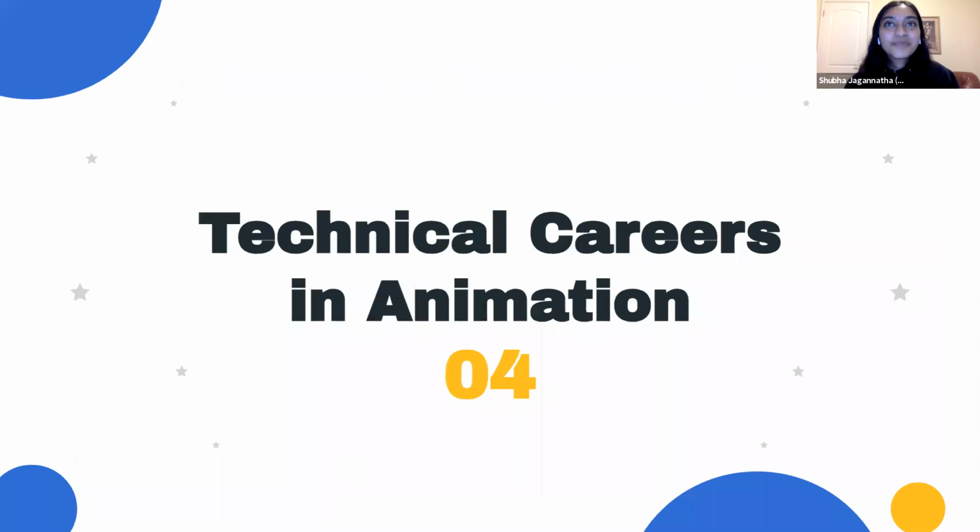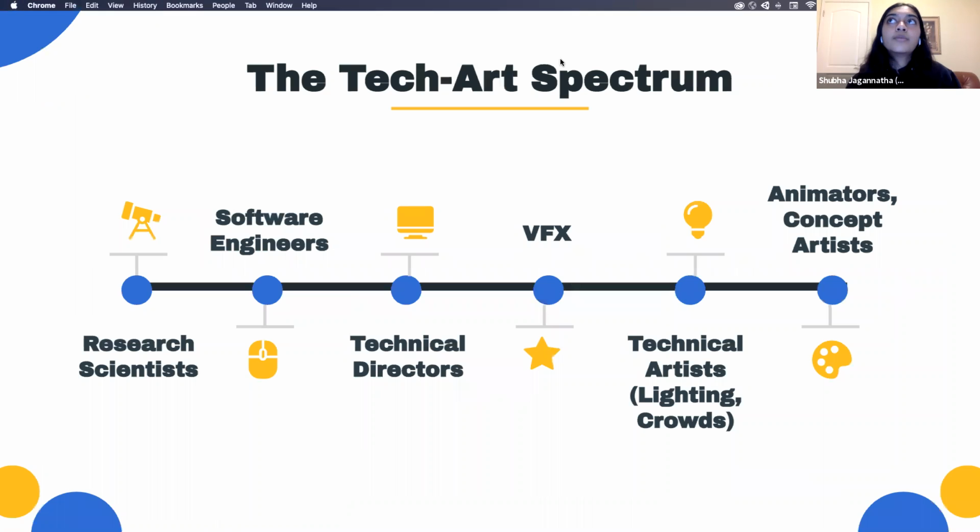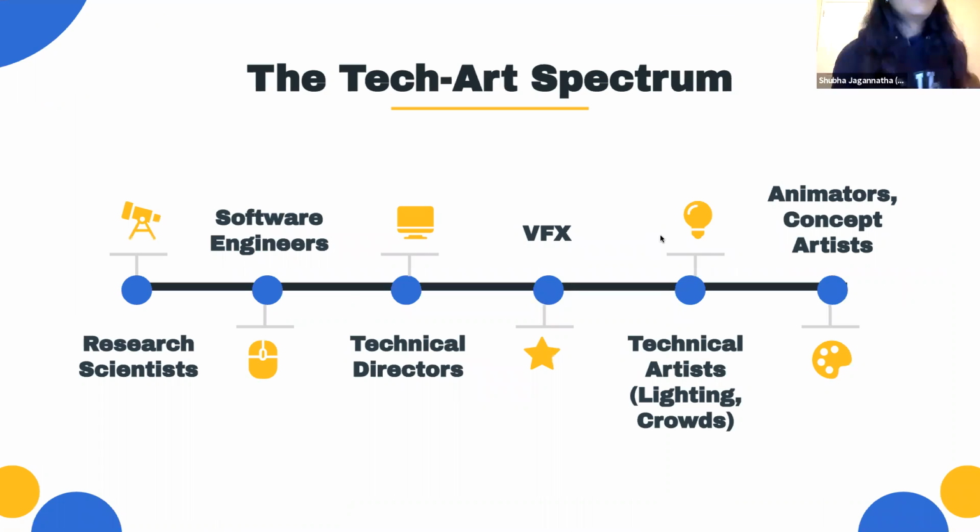So with that, I wanted to wrap it up by talking a little bit about technical careers in animation. Within animation studios, I kind of pieced out that there is this spectrum, I like to say, of technology to art. On the furthest end, most removed from individual movies, is research scientists.